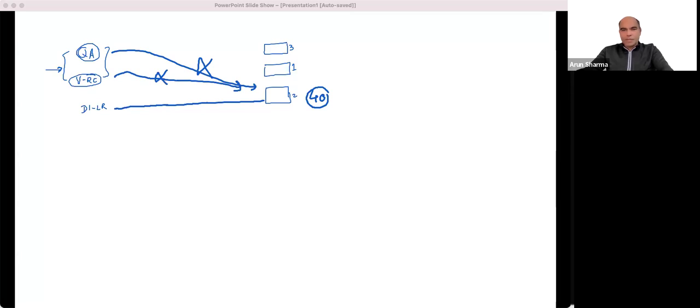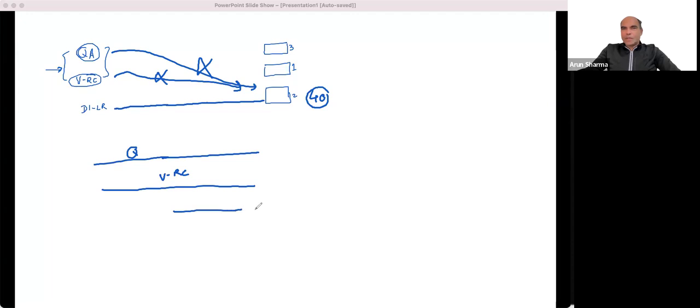So one of the mistakes people make, which I want you to avoid, is that they ignore data interpretation LR and only start it pretty late. The problem is they have one timeline for their quants preparation and one for the VRC preparation, and their timeline for DILR is only this.